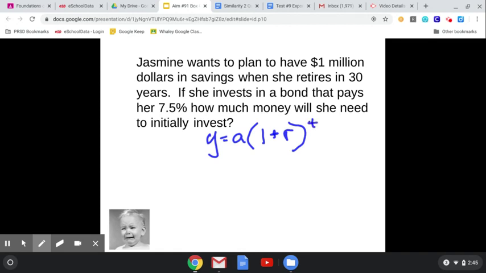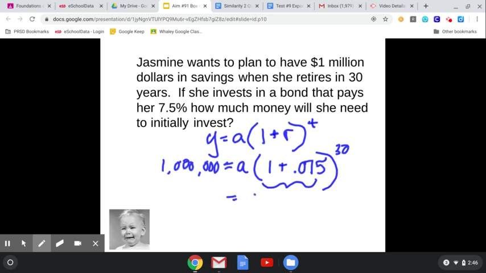Okay, I'm using this because it's exponential growth. This is 1 million. That's how you write that number there. A, we don't know, so we'll leave that. R is 7.5%, but as a decimal, 0.075. And our T value is 30. So this is going to give me A is equal to 1.075 to the 30th.